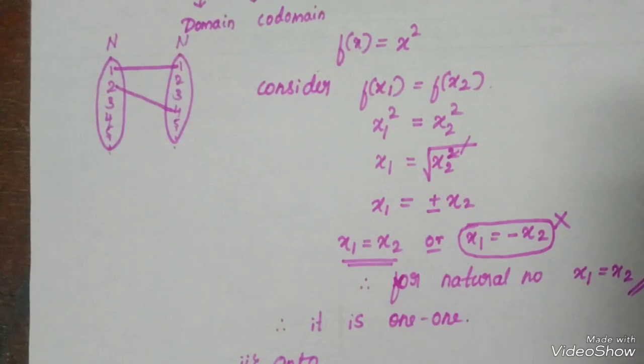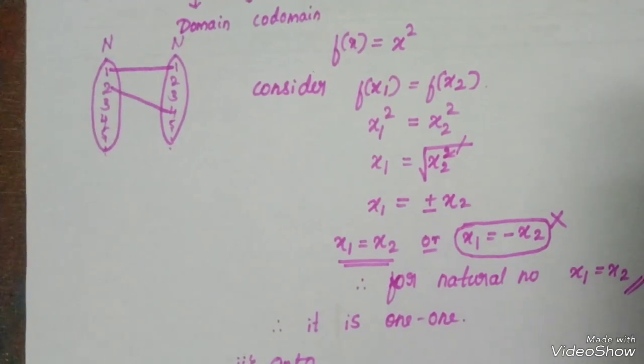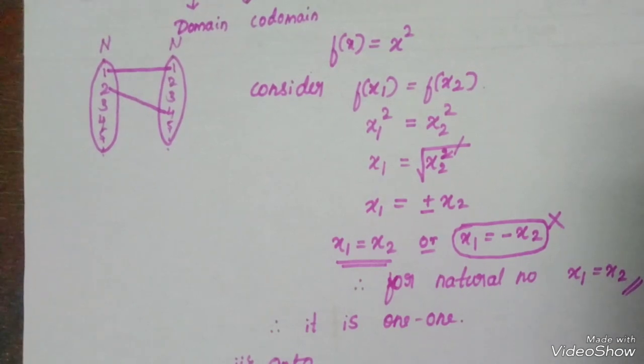Then x square equals y, so x equals plus or minus root y. Whatever value y we substitute, we get x. For example, if we substitute y as 1, then root 1 is plus or minus 1, so 1 is possible.